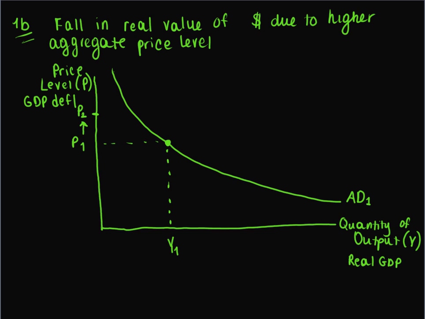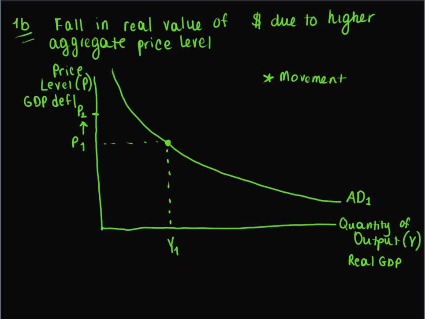So here in this problem, we are in fact talking about a change due to a higher aggregate price level. And for that reason, we are talking about a movement along our aggregate demand curve. Okay, so we are going to move now along the curve to this new price level. So we're going to move here.